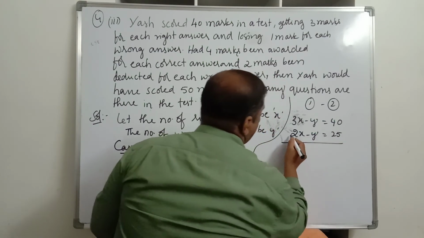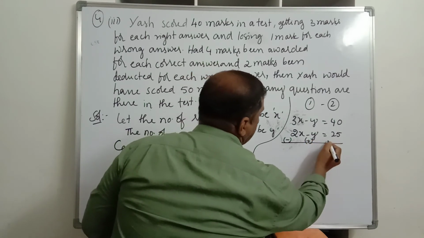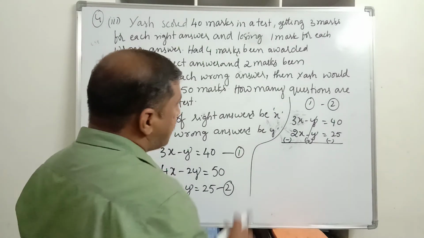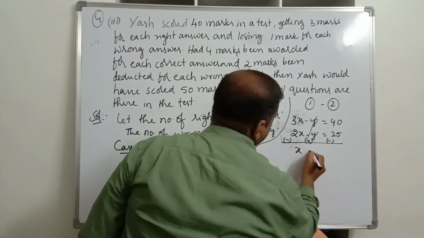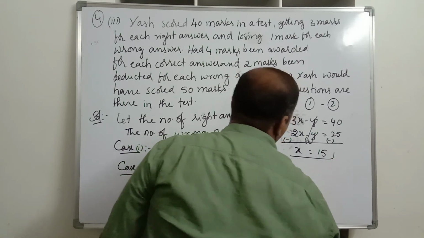Now subtract. Plus becomes minus, minus becomes plus. Minus y and minus y cancel. 3x minus 2x is x. 40 minus 25 is 15. So x is equal to 15.